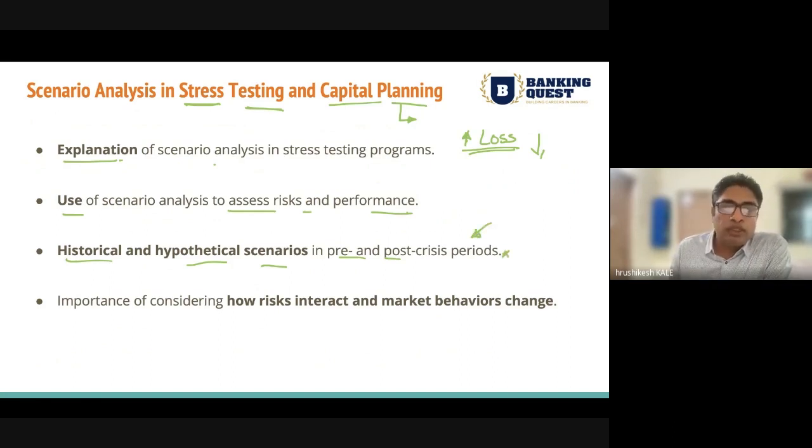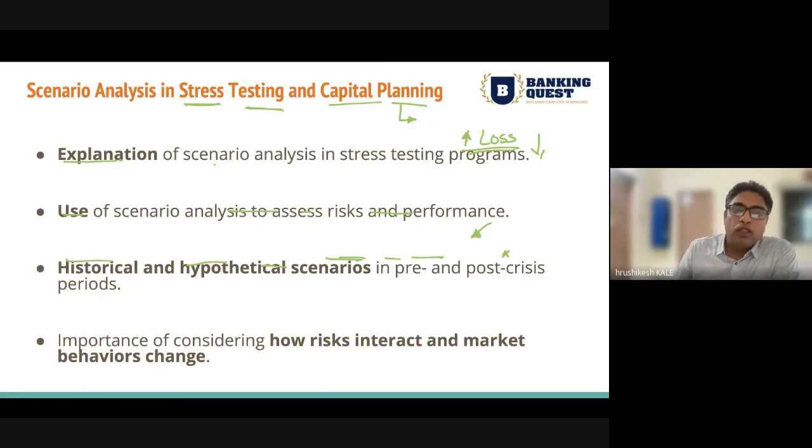Try to do a simulation for pre-crisis, post-crisis. Importance of considering how risks interact and market behavior changes. So scenario analysis helps us to understand how the market behavior changes. Now, that I'm going to tell you in the next chapter itself.